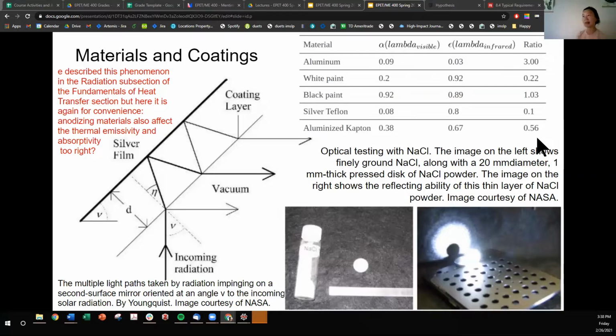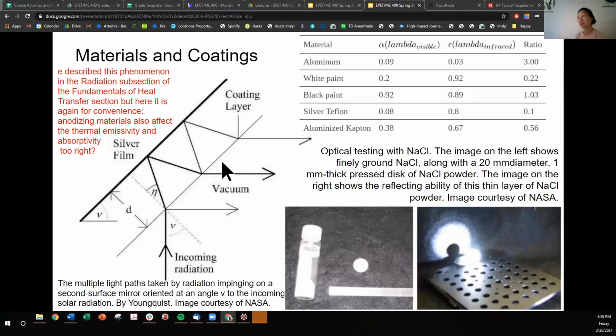All right, so back to materials and coatings. The materials can be a solid, a bulk material with a different property, and different structural components or different physical components can be made out of this material.